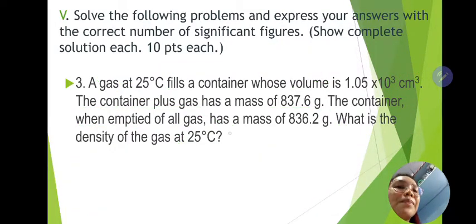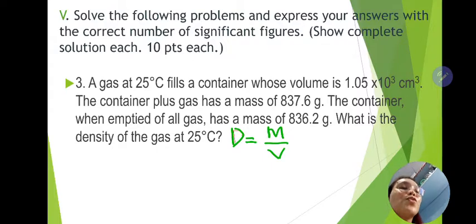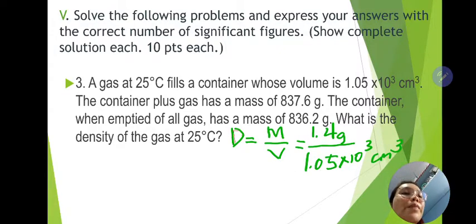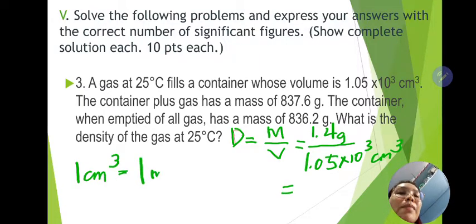So density is equal to mass per unit volume. Mass over volume. We have our mass, which is 1.4 grams. Our volume is 1.05 times 10 to the third power cm cubed. So, if you want, you can convert this to ml, but that would just be the same, because 1 centimeter cube is equal to 1 ml.